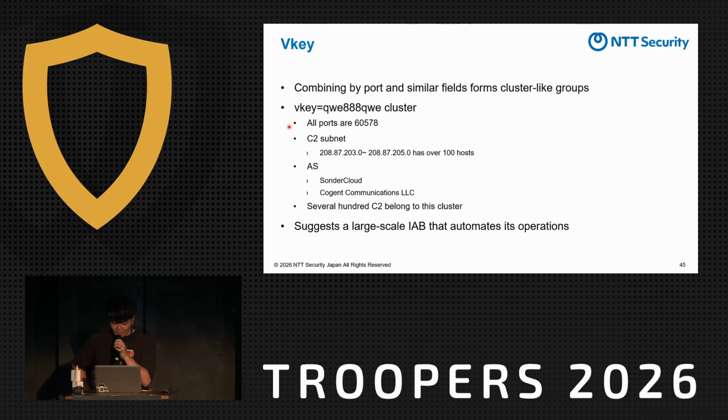By combining port numbers and other similar configuration fields, we observed that C2 servers form cluster-like groups. For example, in the cluster using the wiki QW888QW, all associated C2 servers use port 60578, showing consistent configuration patterns.